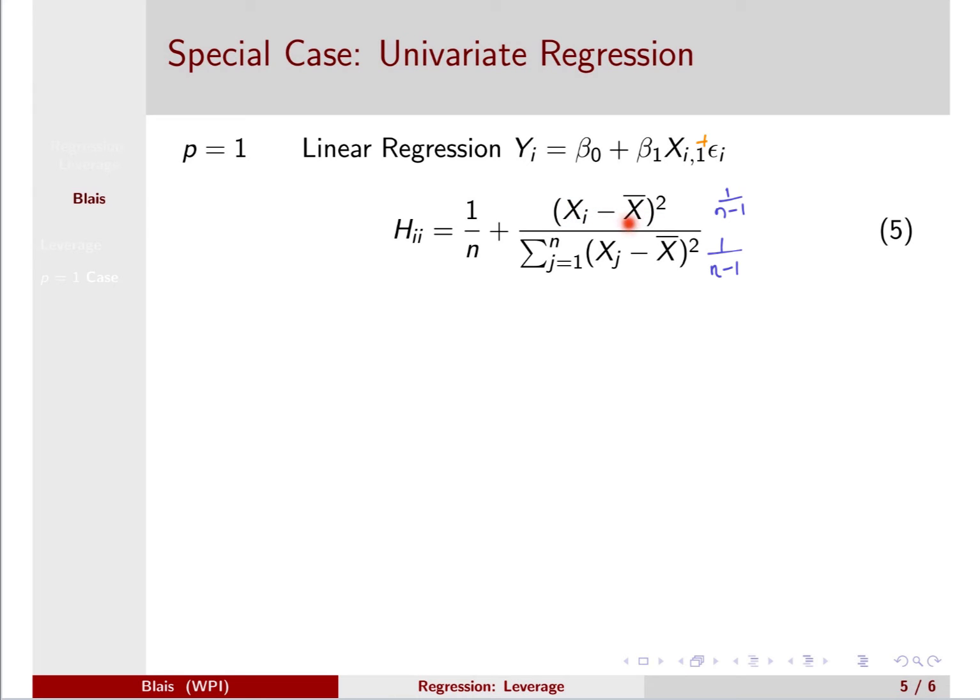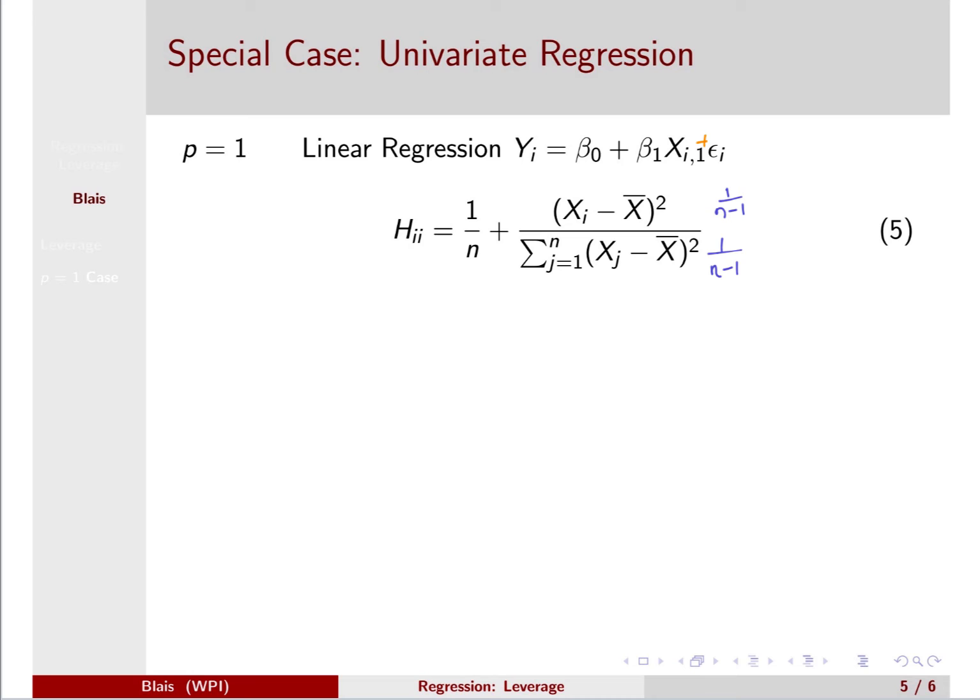And so this numerator is the contribution of the ith case in terms of the one term it contributes to the sample variance. So we see here, this is the squared difference of how much the ith observation for the predictor deviates from its sample mean. And so if it is atypical, then this numerator will be larger than the cases for the other observations. And that's what gives you a large leverage value.